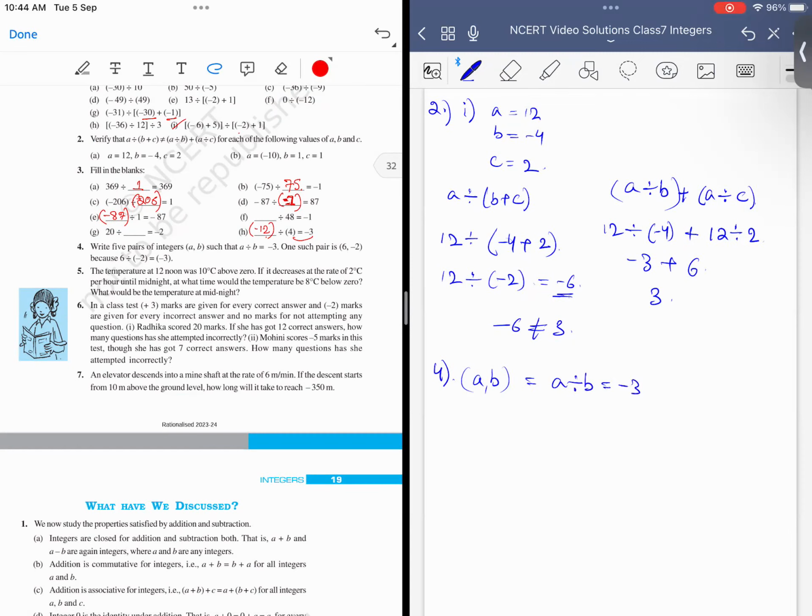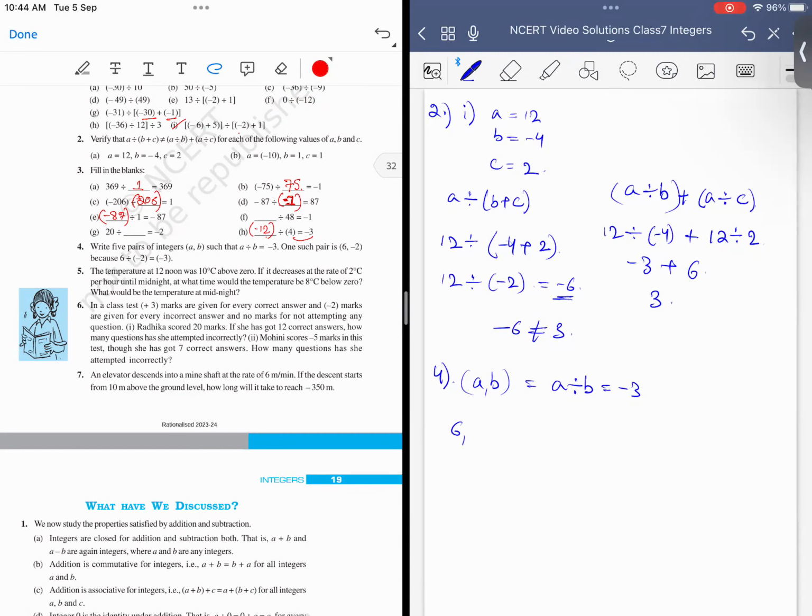Minus 3. So one pair is already given to us, minus 6 divided by minus 2. Next is 15 divided by minus 5. 15 divided by minus 5, we get what?